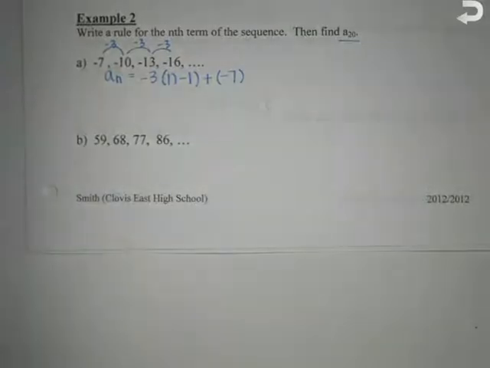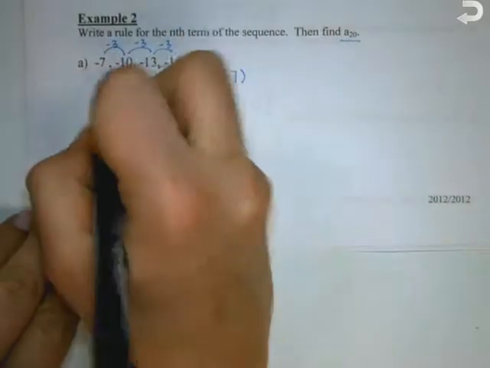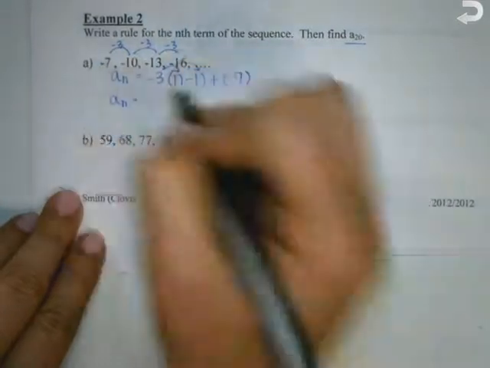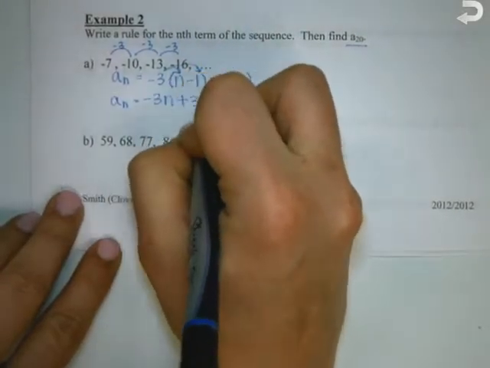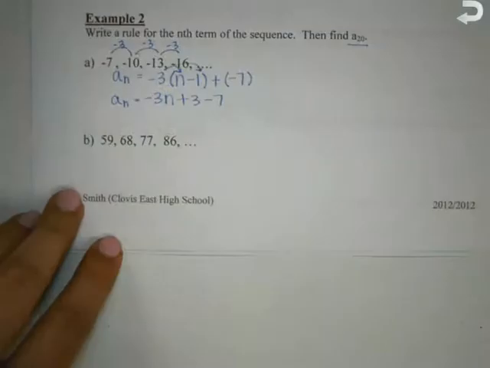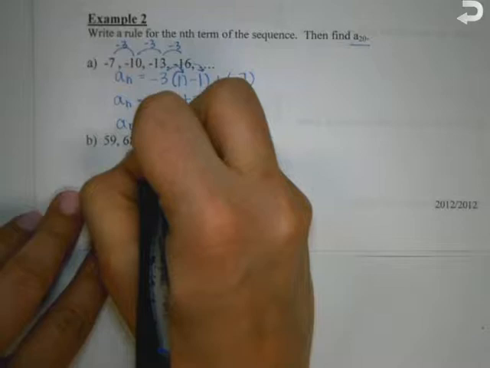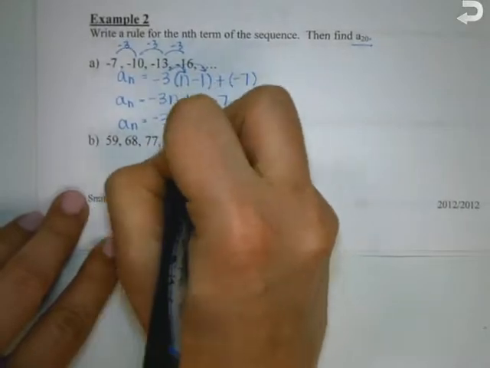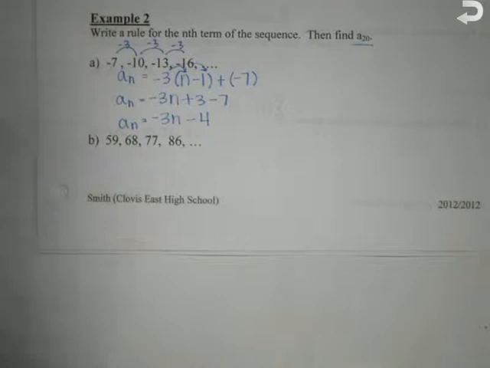Okay, so let's distribute. That's a sub n equals -3n plus 3 minus 7. So a sub n is equal to -3n minus 4. And that's the rule for the nth term.